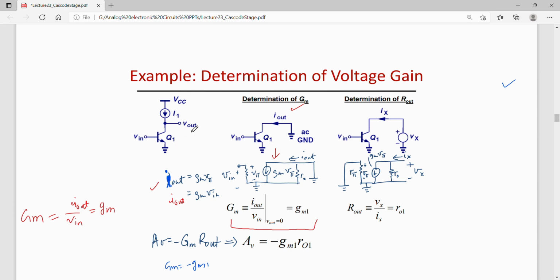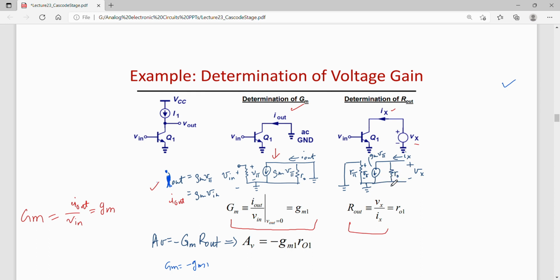Now the output impedance of this circuit can be found by this circuit. For finding out the output impedance, you connect a small voltage and you measure the current at the output, and then find the Vx by Ix ratio. So Vx by Ix gives you R out, which can be found from this small signal circuit.